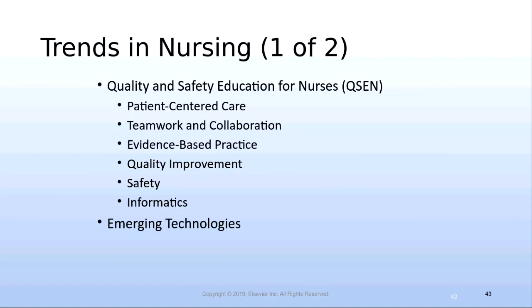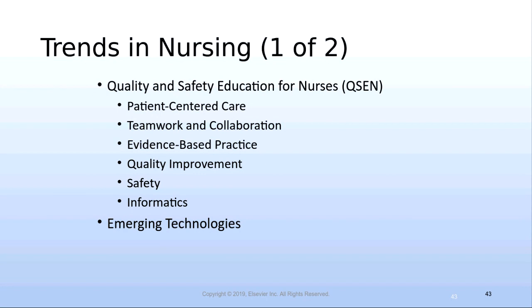Now, some trends in nursing. You'll probably hear about, I think they call it QSEN, quality and safety education for nurses. QSEN addresses the challenge to prepare nurses with competencies needed to continuously improve the quality of care in their work environments.